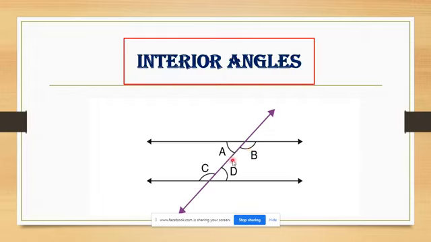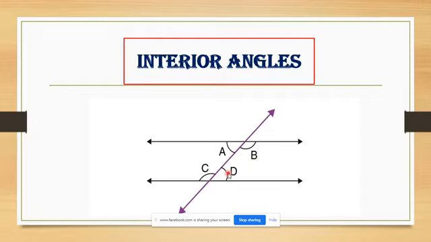Okay, what is the difference between alternate angle and interior angle? In alternate angles, one angle in the pair is towards the right hand side and another is towards the left hand side. See, B and C are alternate angles, but what are the interior angles?